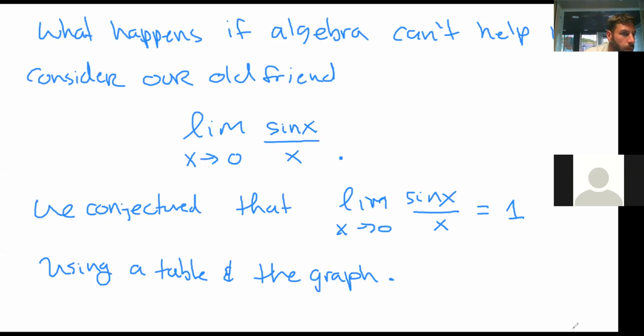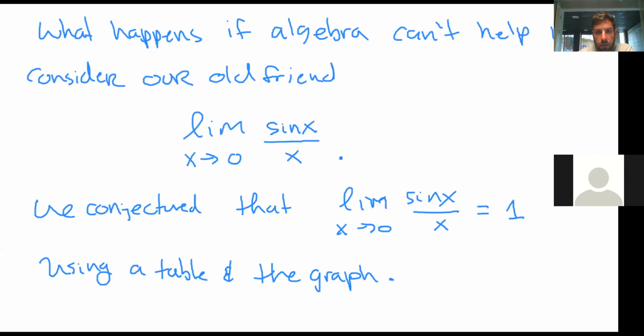Well, it's worth pointing out the following: if I look at the expression sine of x over x, there's not much I can do algebraically. I can't factor the numerator. There are no obvious identities from trigonometry that will allow me to just plug 0 in.